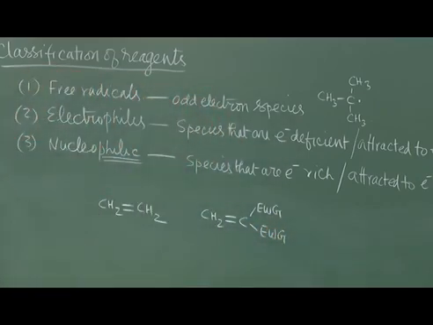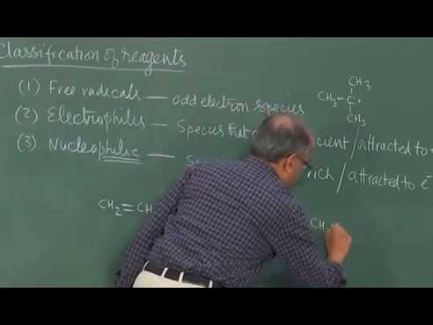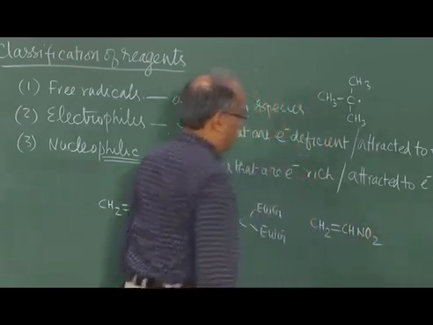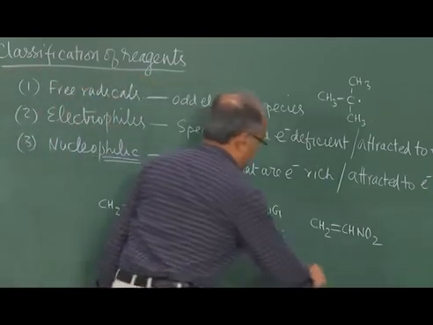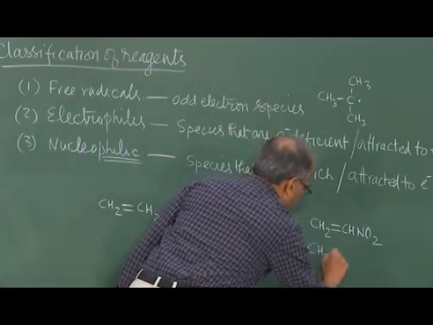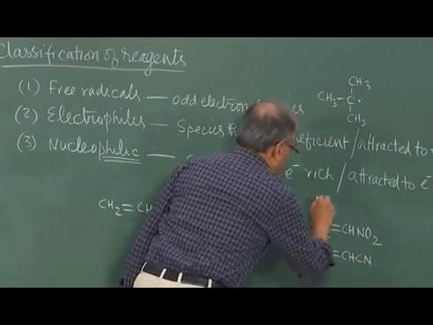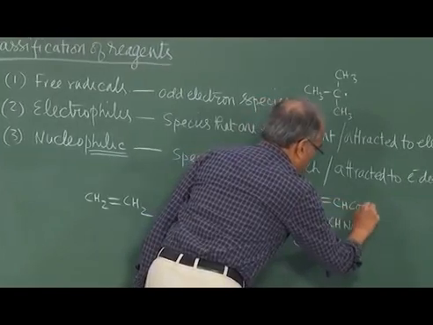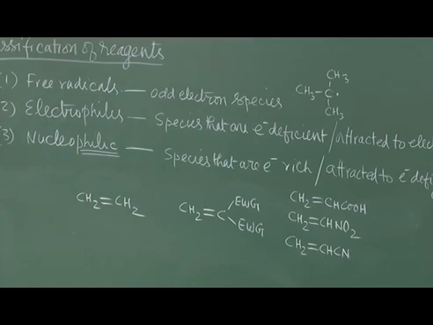Let us add one electron withdrawing group to the double bond. Nitro group is an electron withdrawing group, so nitroethylene for example, or cyanoethylene, acrylonitrile, acrylic acid. These are all examples of double bonds which are attached to an electron withdrawing functional group.